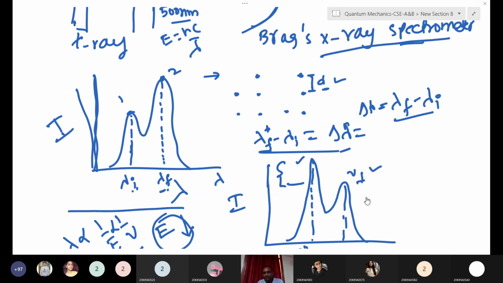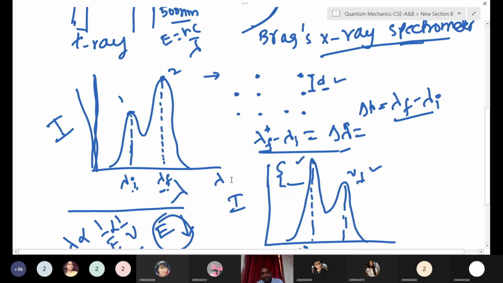Does the Compton effect only explain scattering of X-rays, or any other electromagnetic waves? X-rays are also electromagnetic waves. X-rays here means a stream of photons, and it depends on the energy.